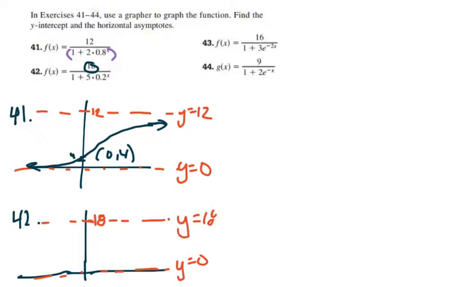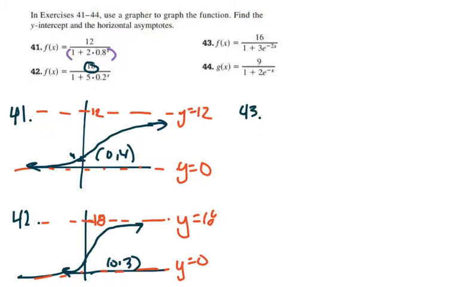Alright, and so this one is apparently a very interesting rumor because it is growing very fast. So it intersects at 0, 3, but then pretty much immediately goes up to 18 and immediately down. It's more dramatic on the grapher.